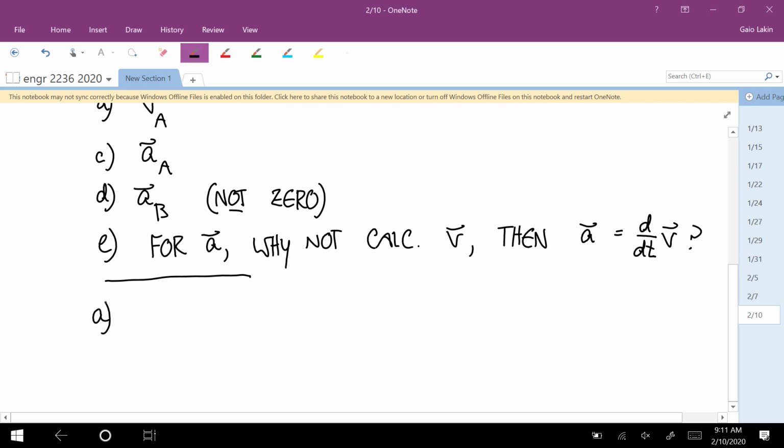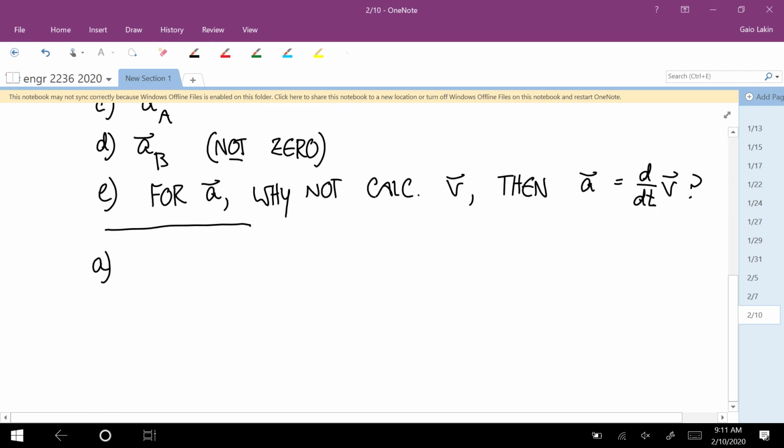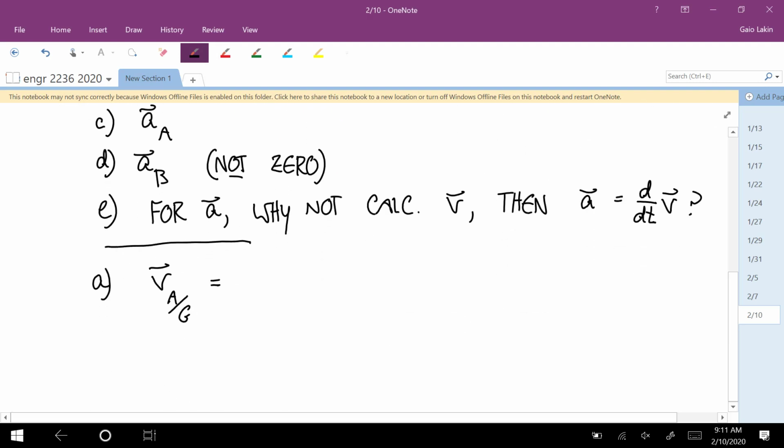Okay, so to calculate the velocity, we know that the velocity of the point A relative to the ground is equal to, so let's call this the center, C, the velocity of A relative to the center plus the velocity of the center relative to the ground.